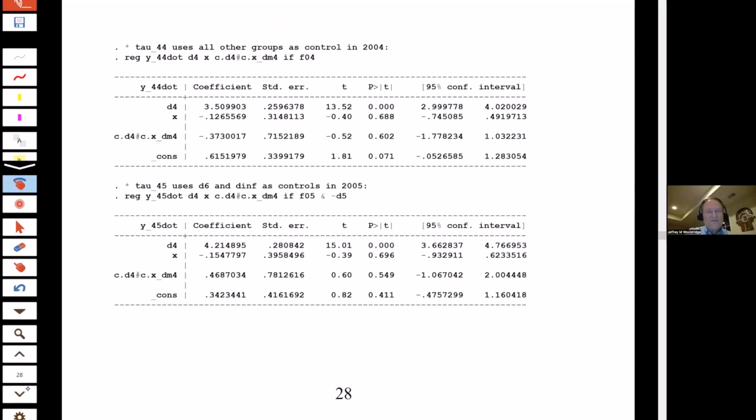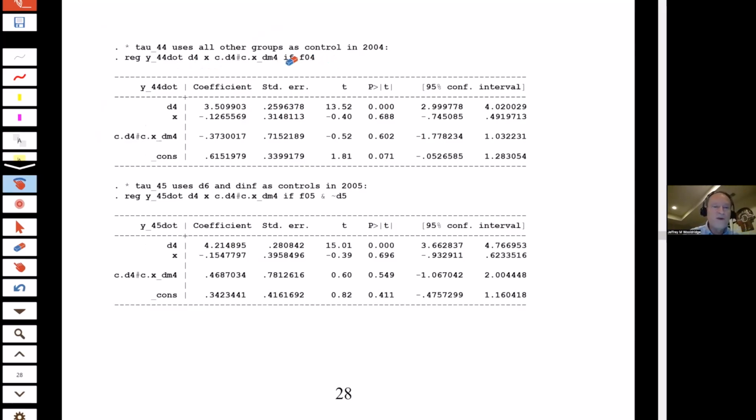Okay, so here's regression adjustment, and this is actually 2001 through 2006. This indicates first being treated in 2004. I'm using all units as control units because the only unit that's been treated in 2004 is this cohort.